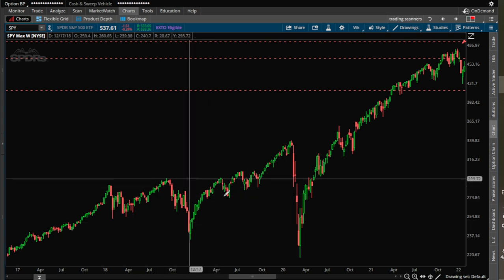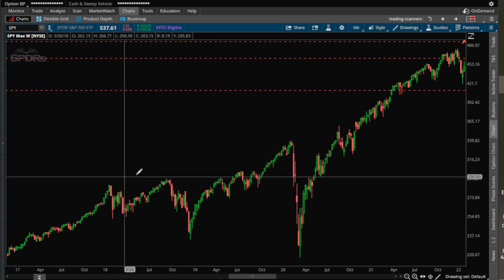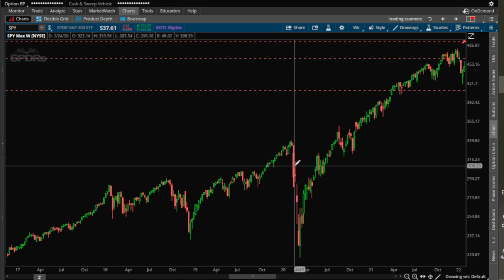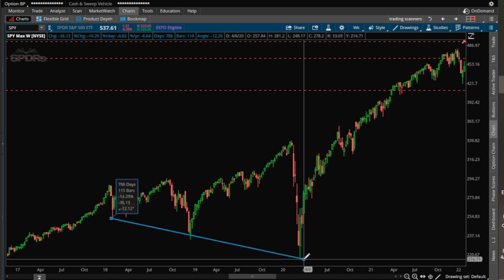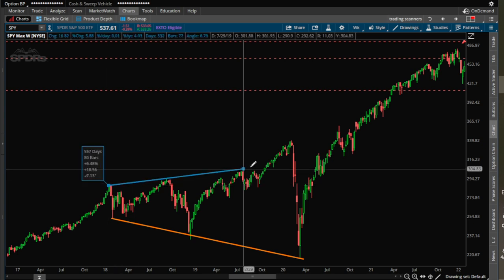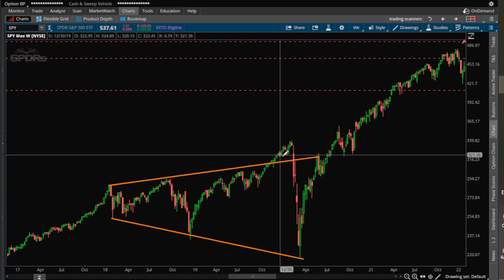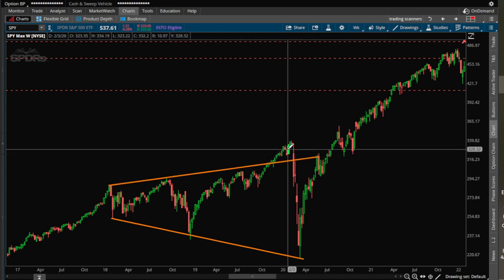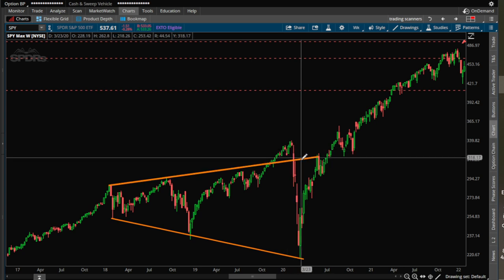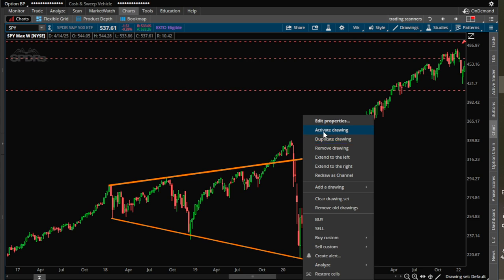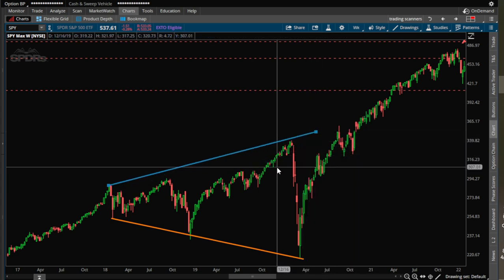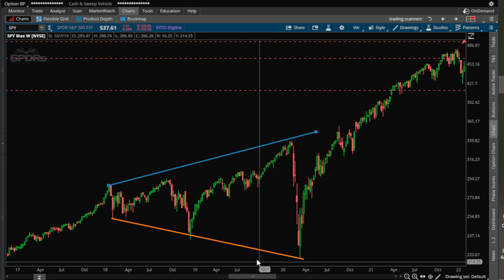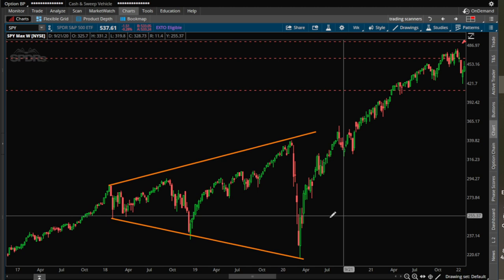So here is our triangle from 2018 to 2020. See how it broke out right here? So they're not always going to be a perfect triangle according to your trend lines.